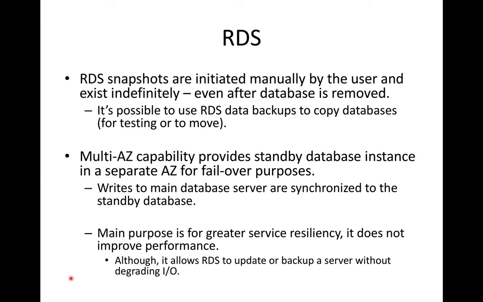And the data between the database servers is synchronized so that if you lose access to one database server, or if the availability zone that server lives in goes down, then your data is going to still be available in another availability zone. And that provides a greater level of reliability and fault tolerance for your application.